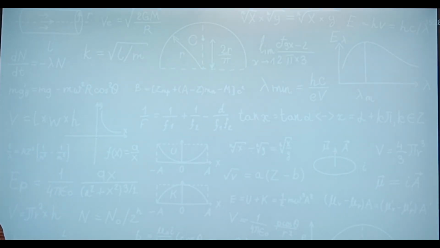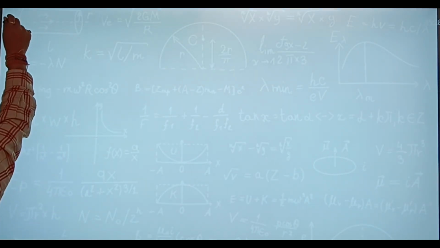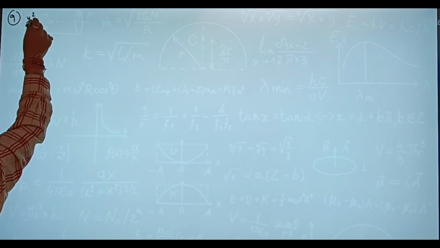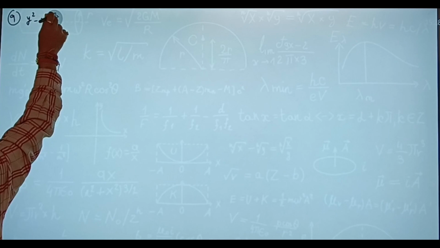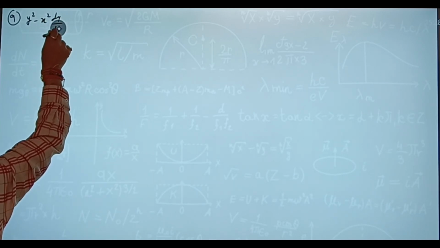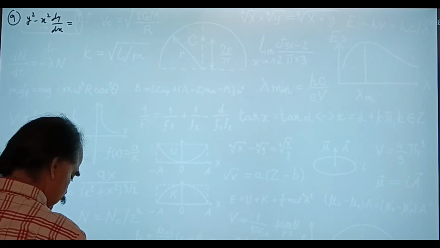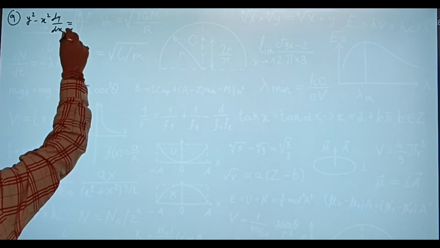y square minus x square dy by dx is xy dy by dx.